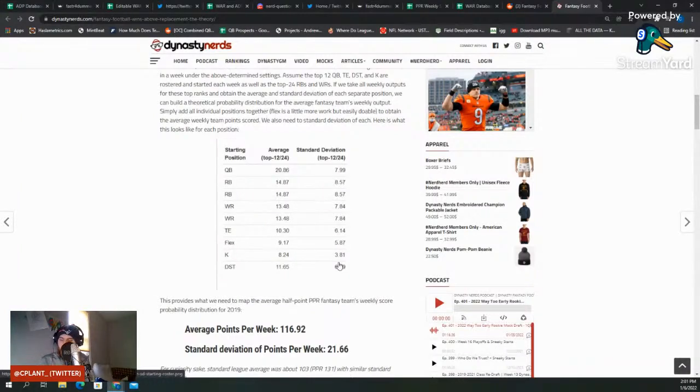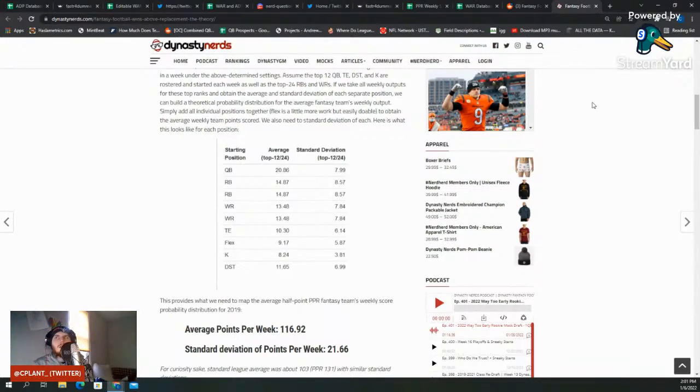So it's like player X, let's say Kamara, with the average team plus Kamara instead of the RB1 average that you normally would have.